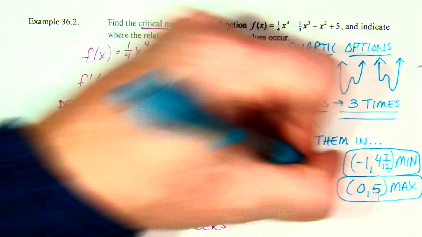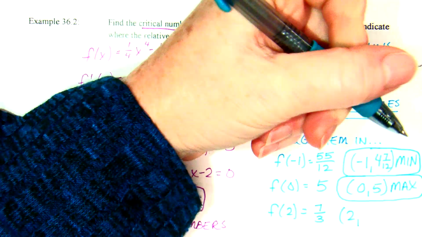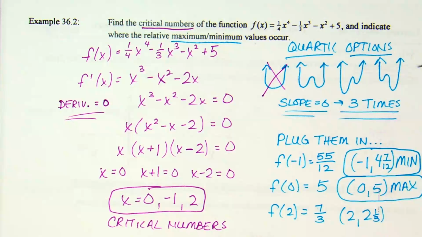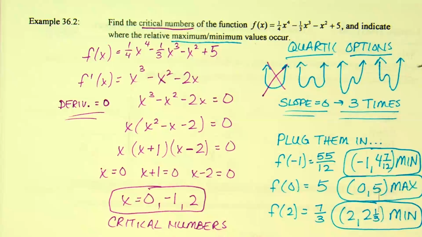And when you plug in 2, I have 7/3. So that is the ordered pair 2, comma, 2 1/3. And what's that have to be looking at our graphs? That's a min. Okay, so if you are trying to figure out which, here's the idea.